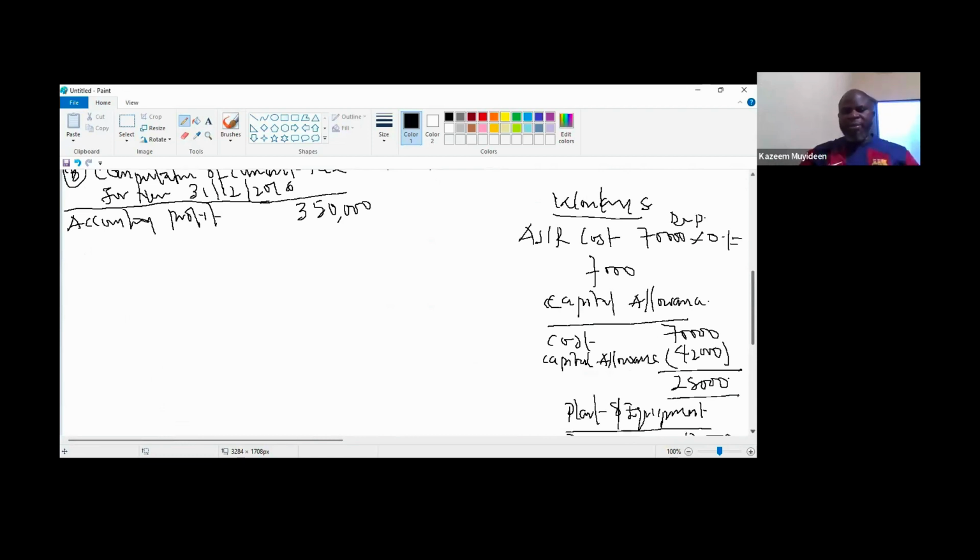I need depreciation. What is the total depreciation? 7,000 for assets subject to investment relief. It's okay. For the depreciation, we have 7,000 plus the one of plant and equipment.